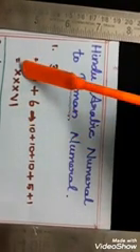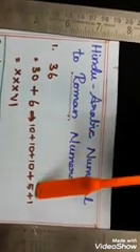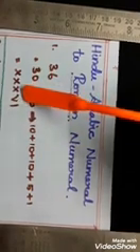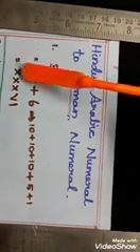For 10 we have the Roman numeral X. So write X, X, X for 10 and then 5. For 5 we have V and for 1 we have I. So the Roman numeral for 36 is XXXVI.